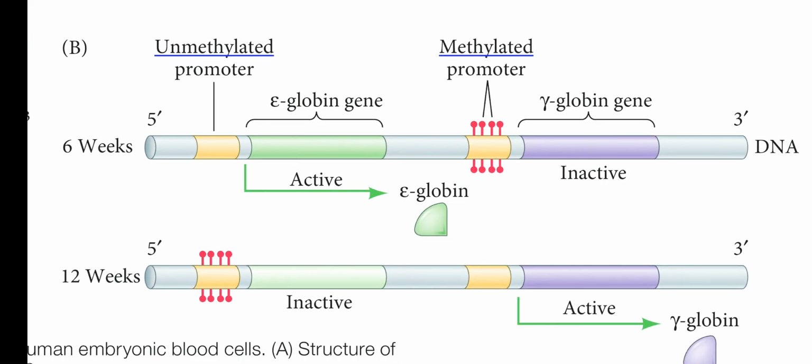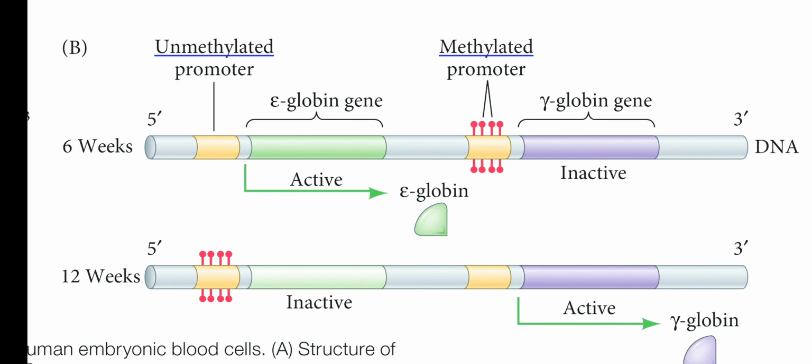This is the epsilon globin gene. There are different kinds of globin genes found during the developmental stages: alpha, beta, gamma, delta, epsilon. The epsilon and zeta types are found very early in time, produced from the yolk sac, and thereafter the gamma type is produced, and then the gamma type decreases and the alpha and beta types remain high.